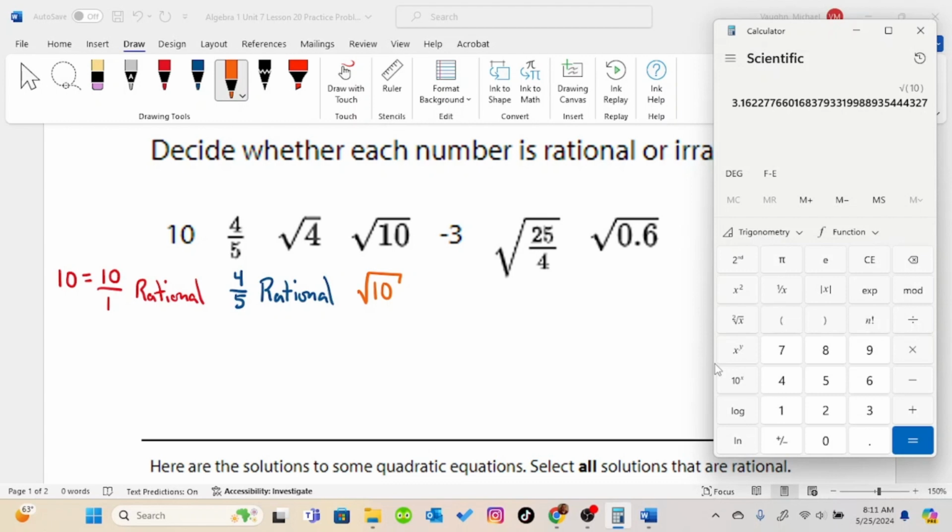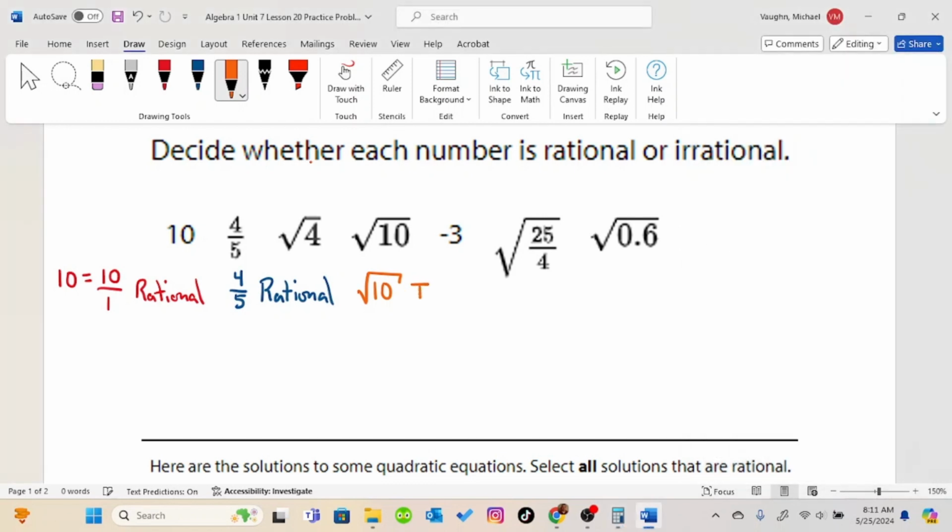It never stops. The only reason it stopped at this last 7 is because the calculator only allows us to show that many numbers in the answer. So if it does not enter a repeating pattern and it does not stop, we will not be able to write it as a whole number fraction. So this would be irrational.